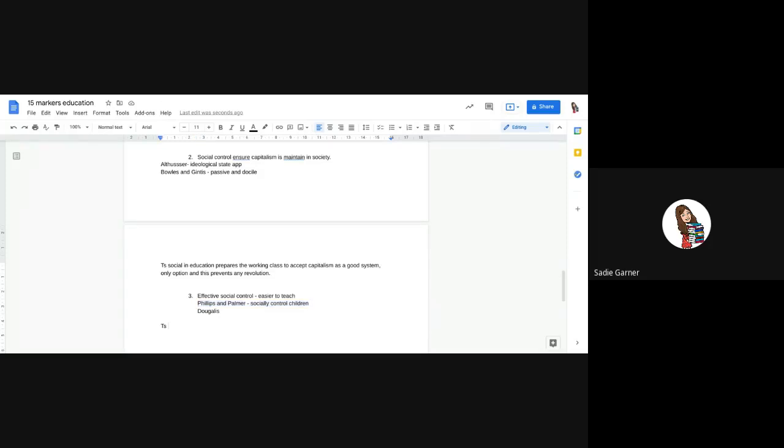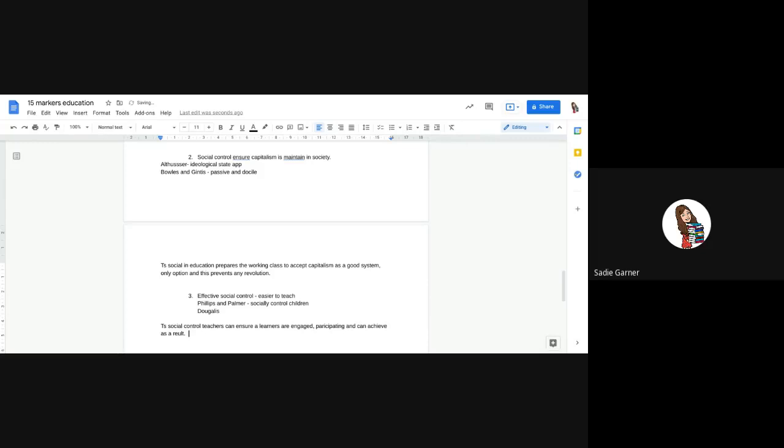So this shows that social control can mean that teachers can ensure learners are engaged, participating, and can achieve as a result.